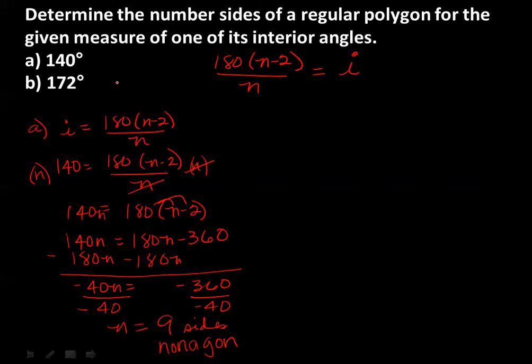Alright, part B, they tell me one interior angle is 172. So, I got my formula. And I'm going to plug in what I know. I'm not going to write the formula again, which is 172.